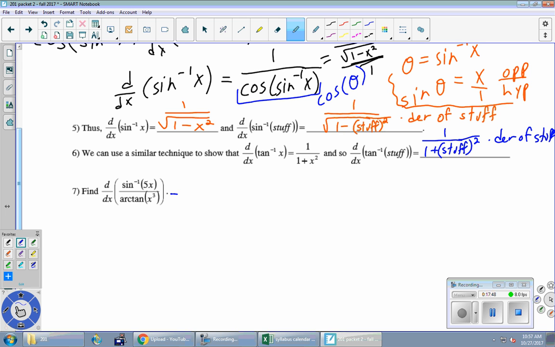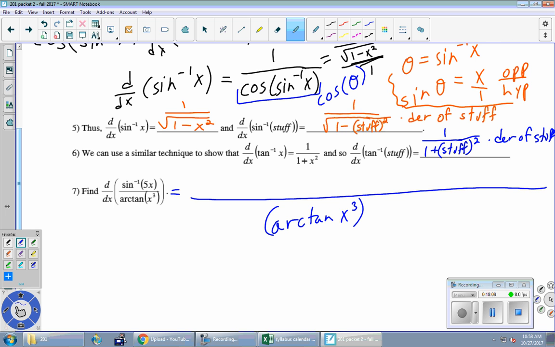Okay, so equals. What is the fundamental rule on this one? That is a quotient rule. So, big old fraction line. I always like to put the bottom first so that I don't forget it. What goes on the bottom? Arc tan of x cubed, whole thing squared.